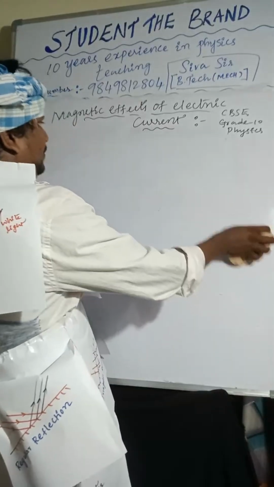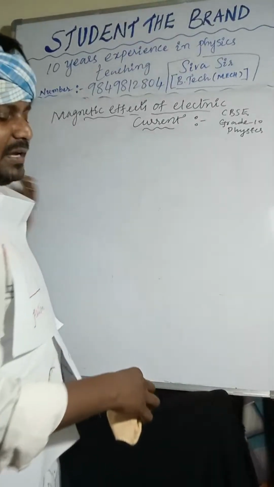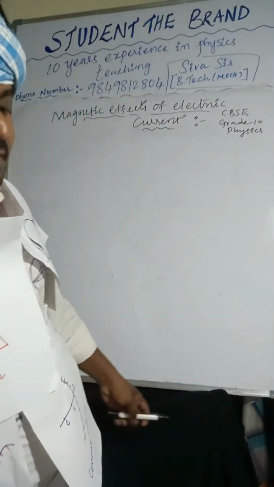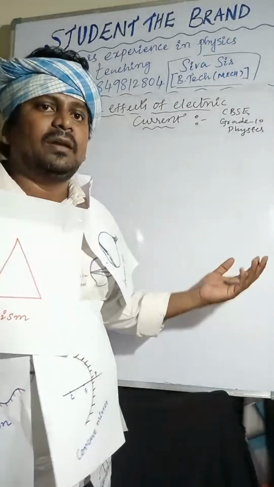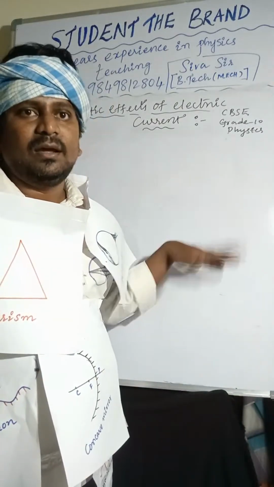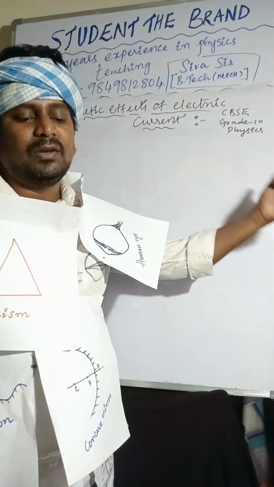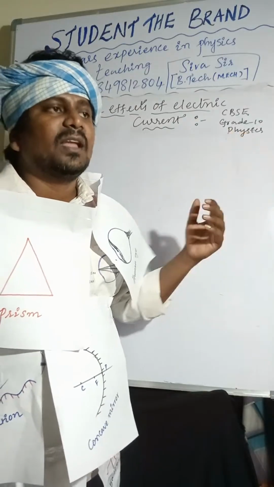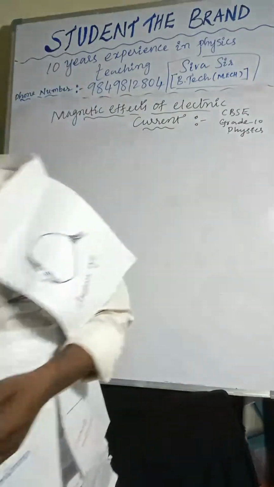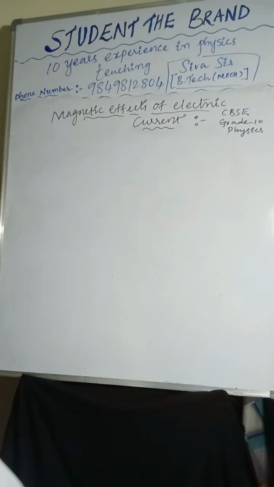One more point: for a loop, only at the center the magnetic field will be more. The next one: if I consider a number of loops, the loops will be in the form of a cylindrical shape.